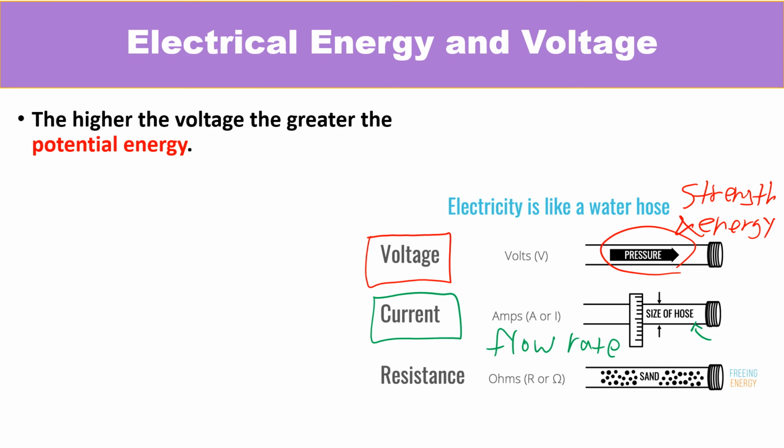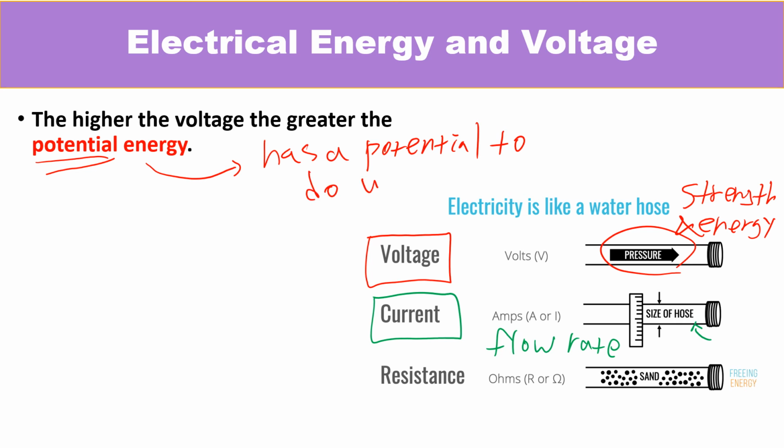The higher the voltage, the greater the potential energy. The reason I call it potential energy is because it has the potential to do work.